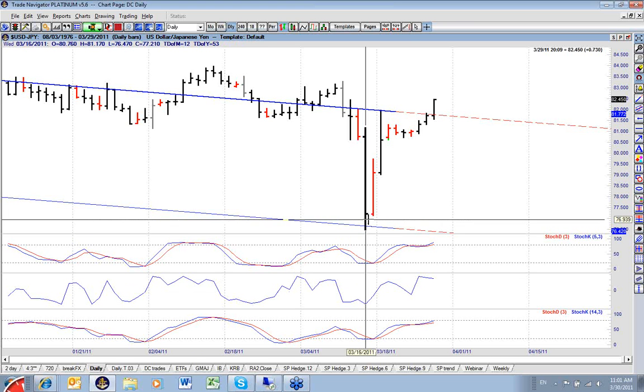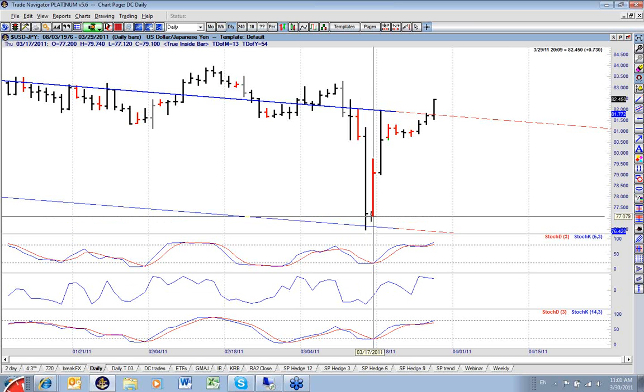What happened here was that the G7 in their wisdom decided that they would intervene with huge amounts of money to push the dollar up, that is to weaken the yen. Now, for the life of me, I don't understand why they do that. I don't understand why these other countries would be so anxious to help Japan, because the reason it maintains its huge industrial base is because it keeps an artificially weak yen.